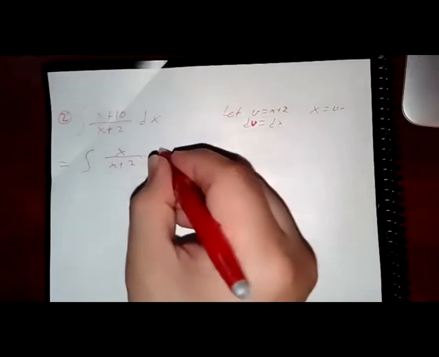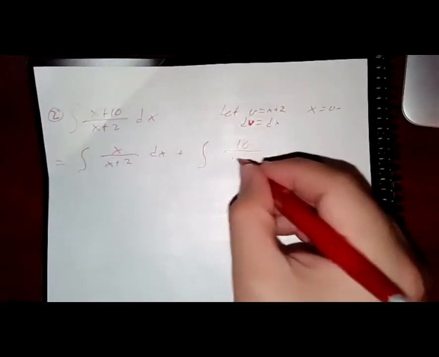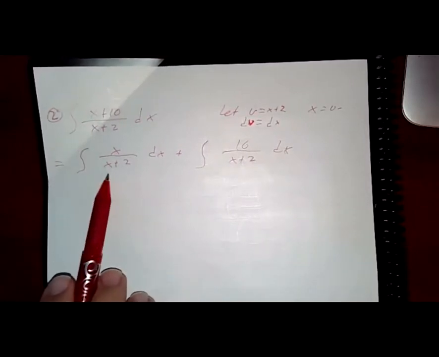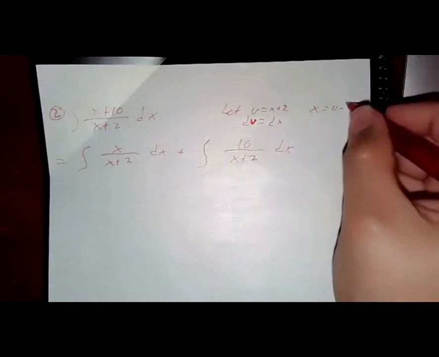This would be x over x plus 2 dx plus 10 over x plus 2 dx. This is the best approach. This guy will be helpful using this. So this would be equal to u minus 2, right?